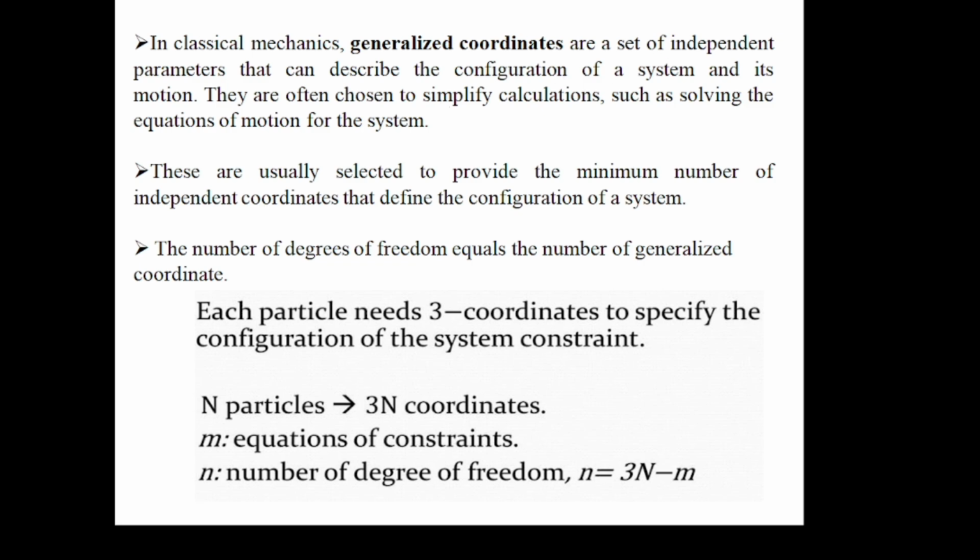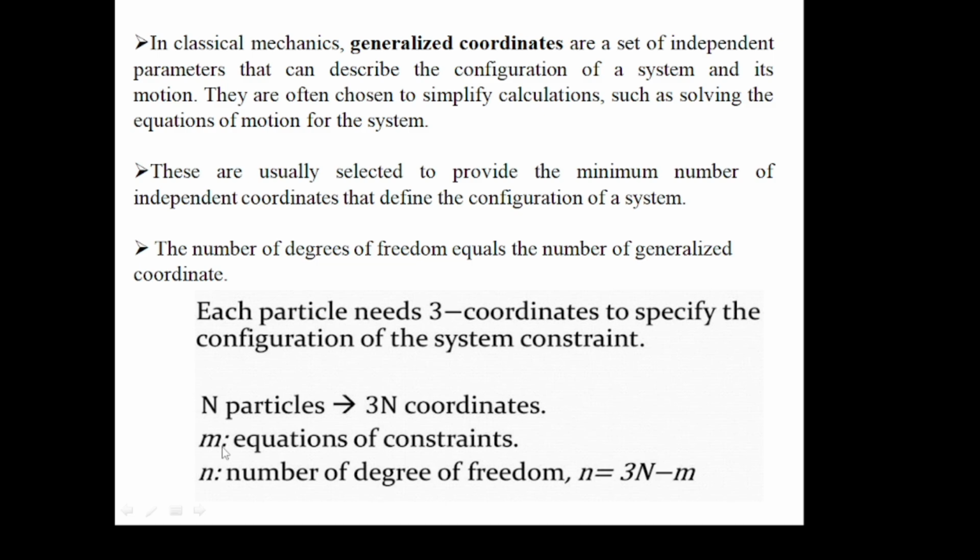That means suppose a free particle is moving in three-dimensional space. So we require x, y, z, the three coordinates, to specify the configuration of the system. So for two particles we require 6 coordinates. So for n particles we require 3n coordinates.